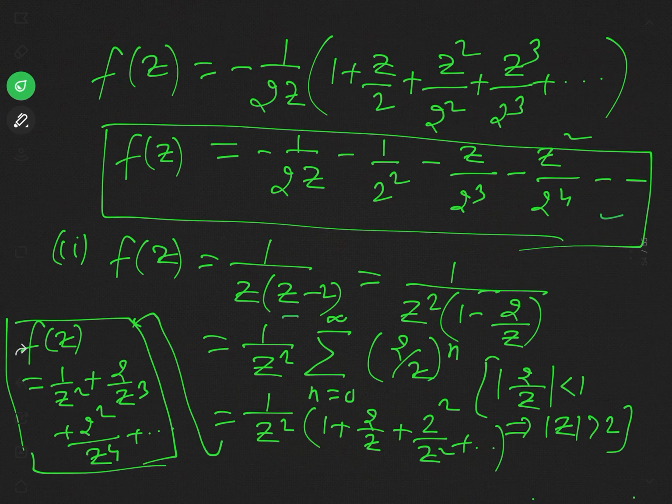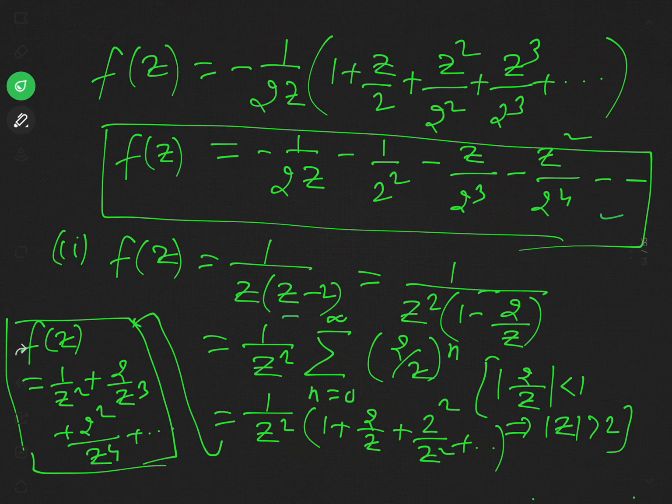This will be 1 over z square into 1 minus 2 by z, and if this is taken in the numerator, there will be 1 minus 2 by z to the power minus 1, and that can be written as summation n 0 to infinity 2 by z to the power n. And here modulus of 2 by z is less than 1, and so you can say modulus of z is greater than 2, and this is in fact the given region.